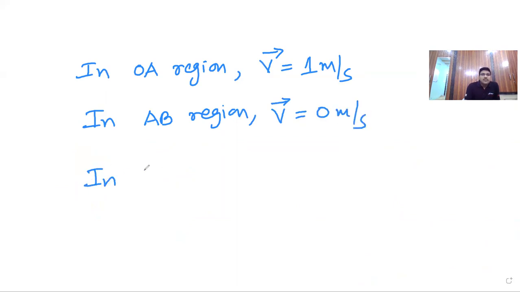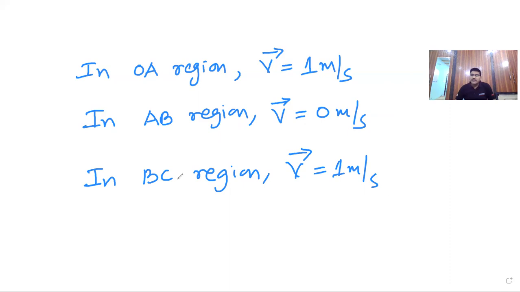In the BC region, velocity is again 1 meter per second, positive velocity. This is the answer for the above question. Hope you got clarity in the above problem.